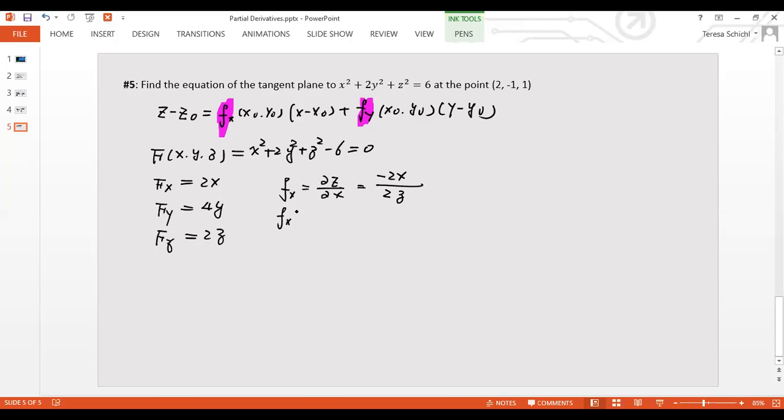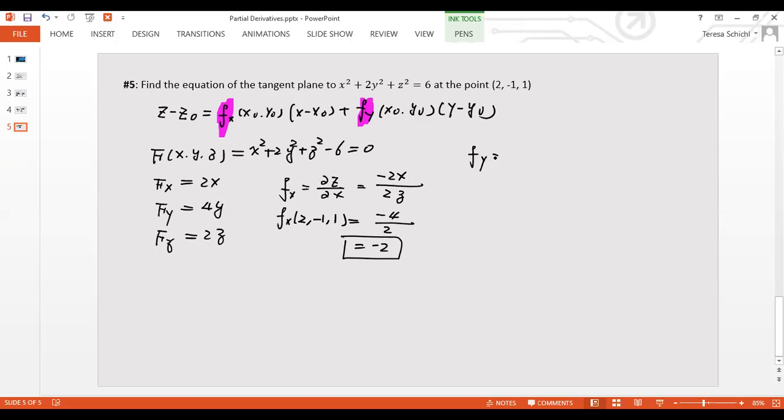Now I need to plug in the point (2, -1, 1). So x equal to 2, so it's negative 4 over 2, so it's negative 2. So the partial of z with respect to x is equal to negative 2. Then I do the same way.